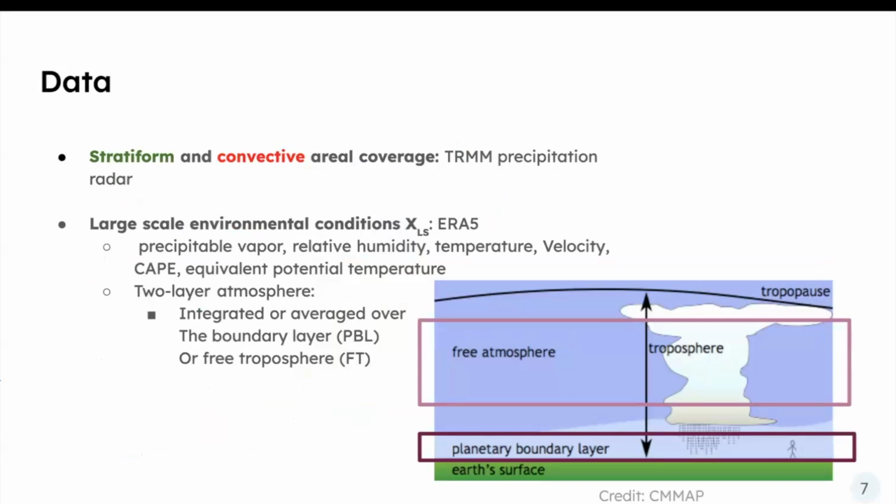Yeah, so the environmental variables that I use, I average them over the free troposphere and the boundary layer. So for each of them, I have only two variables, right? I'm using precipitable water, relative humidity, temperature, velocity, CAPE, equivalent potential temperature. So that gives me about 10 variables plus surface temperature.